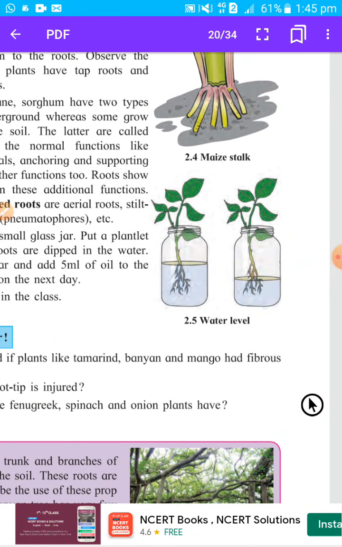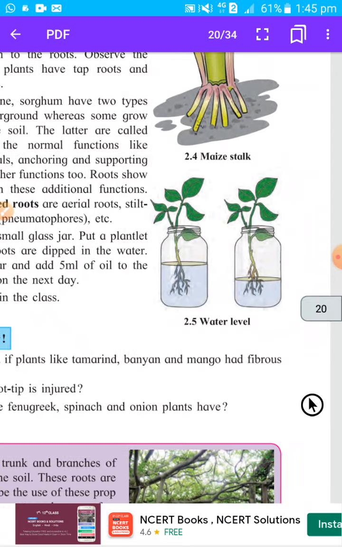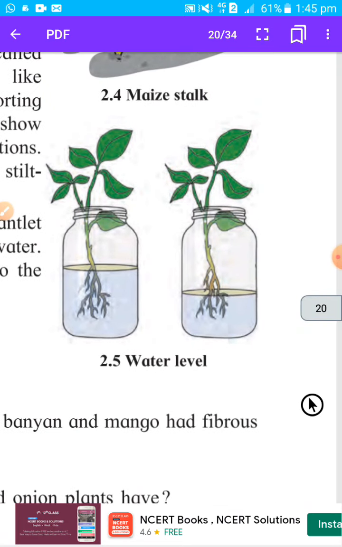We have to take some water and a plantlet, meaning a small plant, and put that plantlet in the water as shown in the diagram, and put some oil on that water. Why? Otherwise water gets evaporated due to heat. What we have to study is how much water is absorbed by the roots.